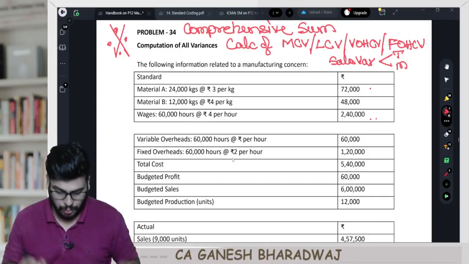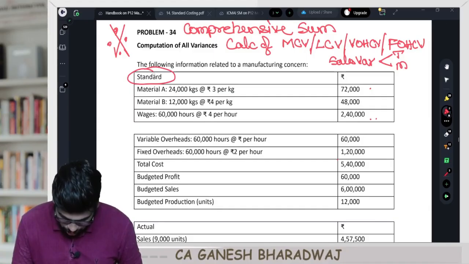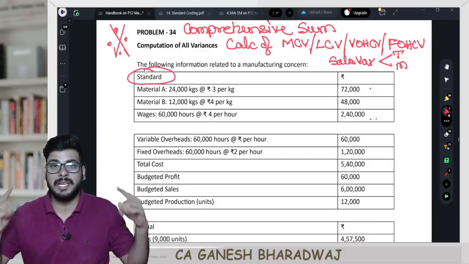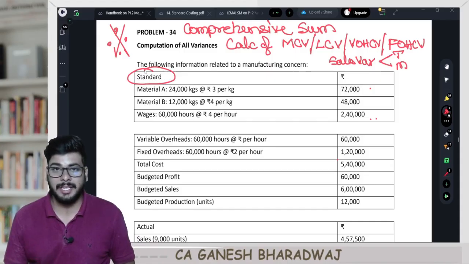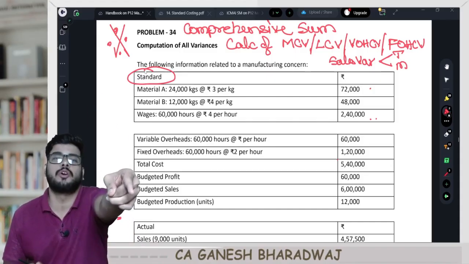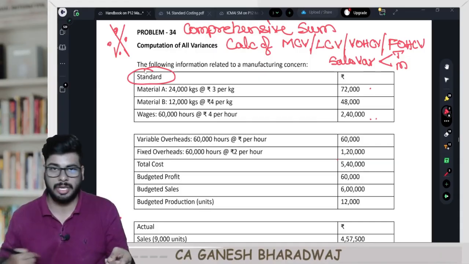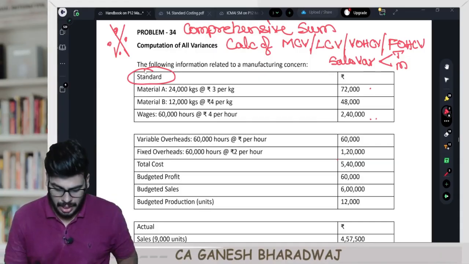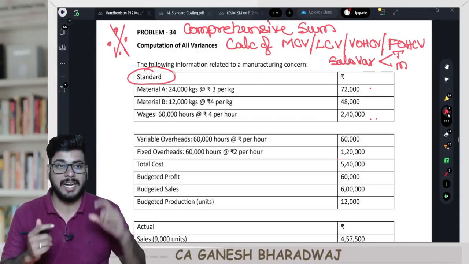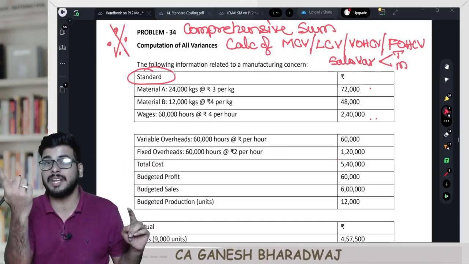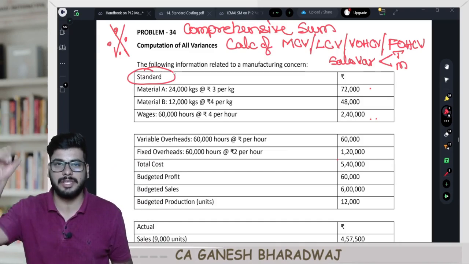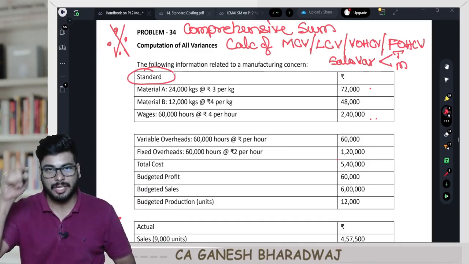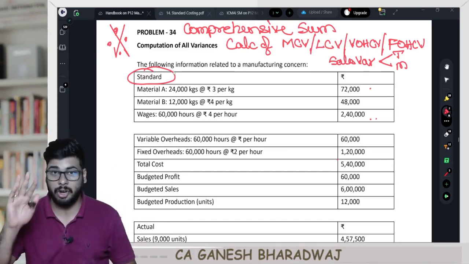What I've told you before, just because they have given the word standard, please do not get misled, right? What do you mean by standard? For the actual output, what should have been the cost which you should have incurred, correct? Sometimes the word standard used in the question ideally refers to budget, right? So we should see for what volume level this data is given. Based on that only you can conclude whether this is actually standard or budget, right?